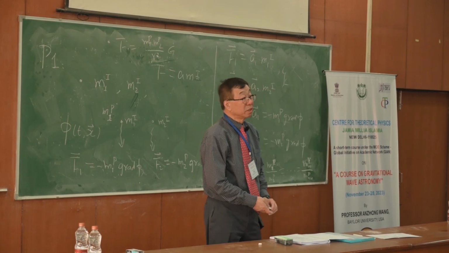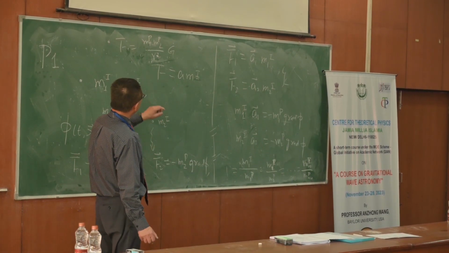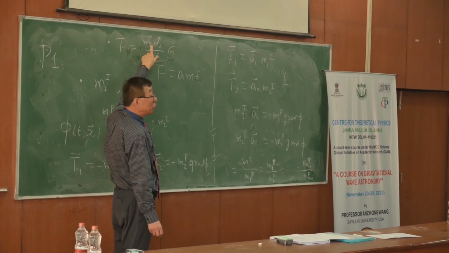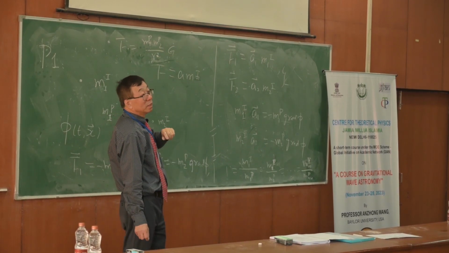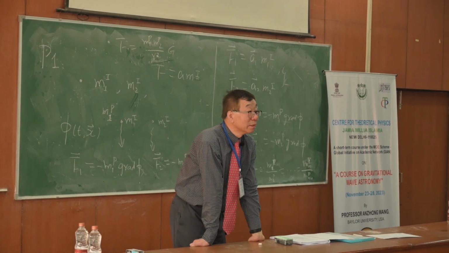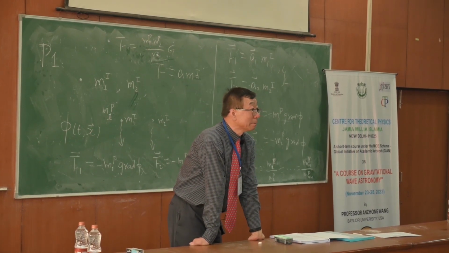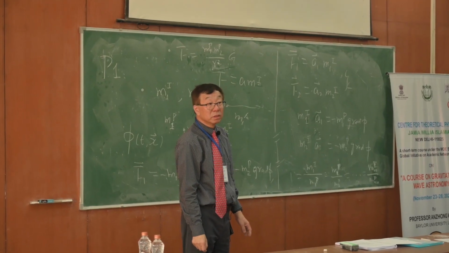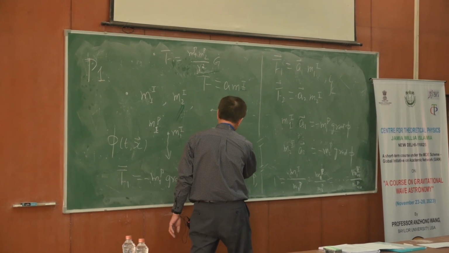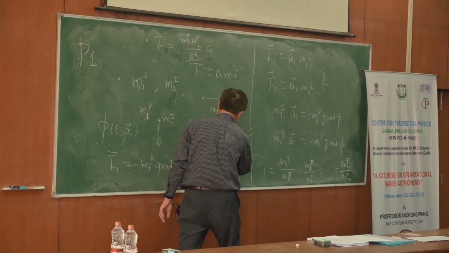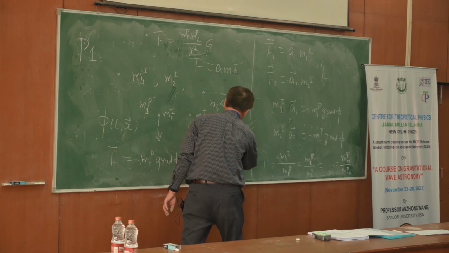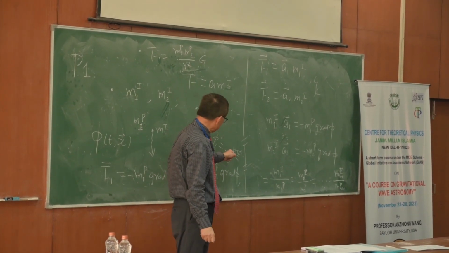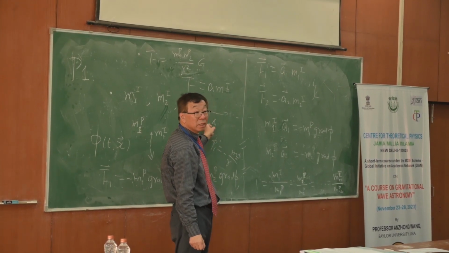We have a certain mass. When I wrote here, actually I already put M1P equal M1A. What does that mean? Independent of mass. Okay. This is where phi1 equals minus G M1 over R. This is the gravitational field produced by this mass.